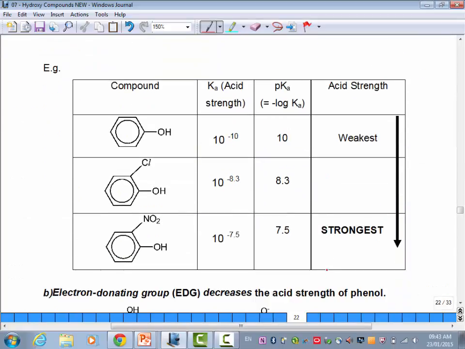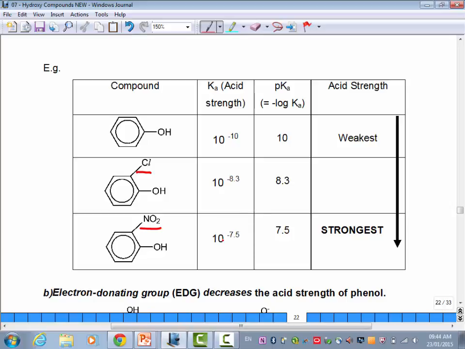So this table over here, you don't have to memorize. All I need you to know is that from phenol, if you have an electron withdrawing group on the benzene ring, for example Cl or NO2, you notice that the Ka value increases. The greater the Ka value, the stronger the acid.